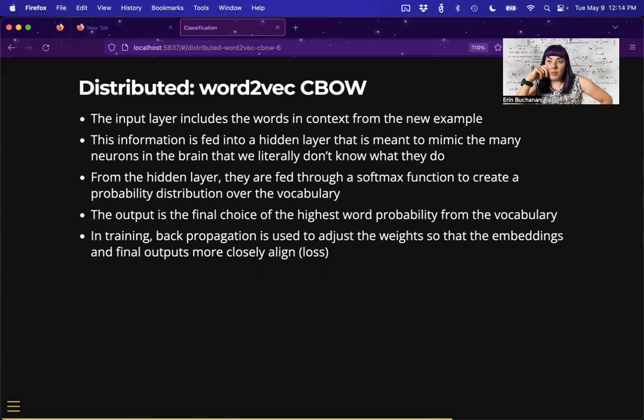And then the model goes, whoa, you're wrong. It should have been dog, not fox. Just making up something here. And the model goes, oh, okay. And so it tunes the weights in the hidden layer to get closer to the answer. And through many trials and training epochs, it'll tune the weights till it's getting the answers right.